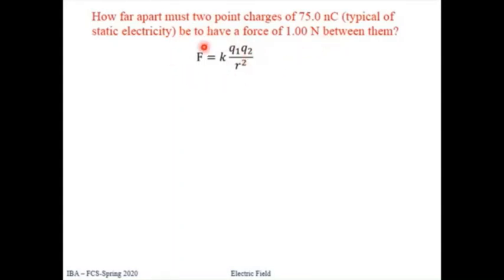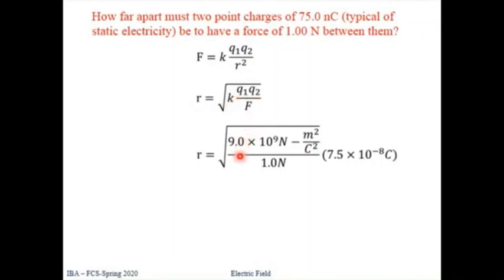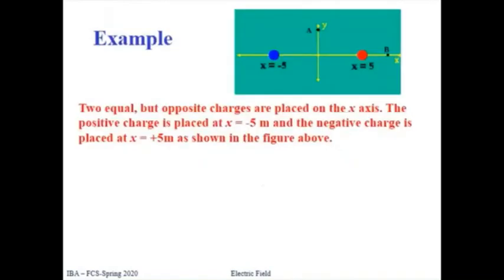So this is our equation, this is our Coulomb law, and by rearranging this equation, we can write the distance between the two charges as the square root of k q1 q2 divided by 1. Substituting the numbers given in this problem, we get the distance between the two charges as 7.1 millimeter.